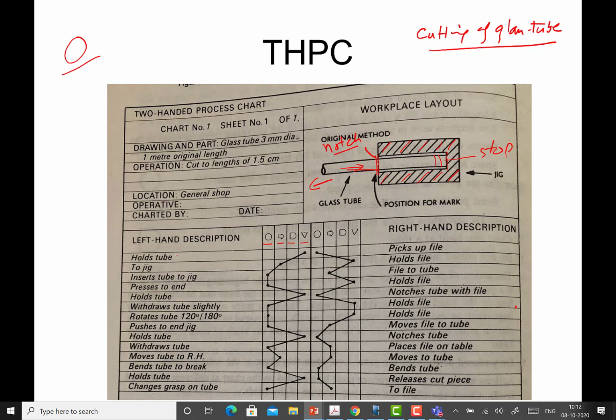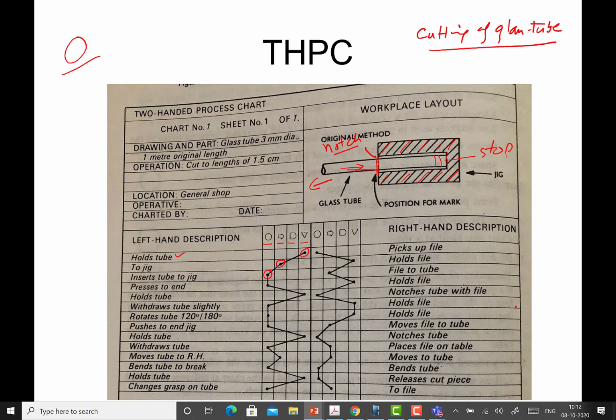Okay, so like hold the tube is a kind of storage. It starts from here, reaches, and moves to the jig. So there is a transport. Insert the tube to the jig. So the tube is being positioned and inserted in the jig. So this is an operation.